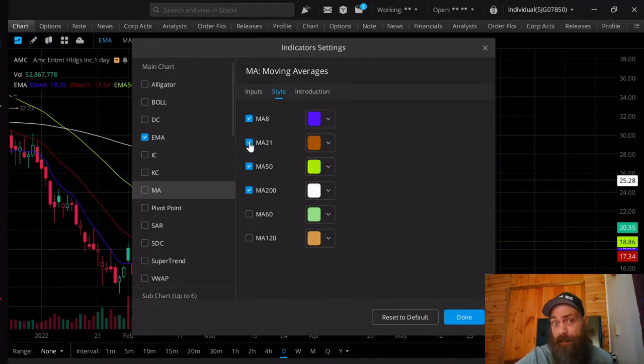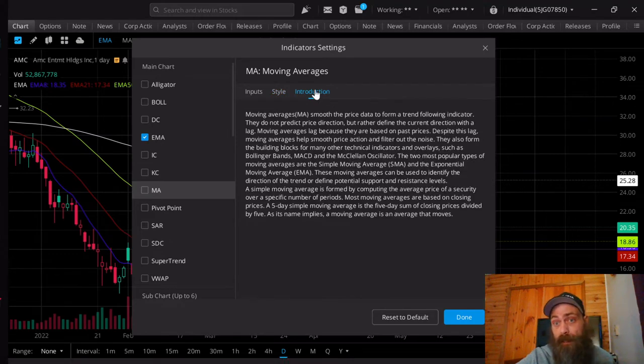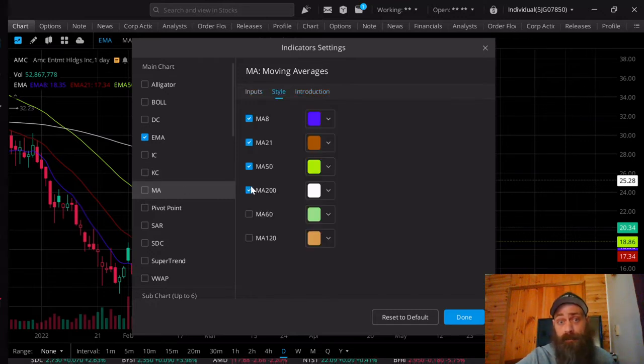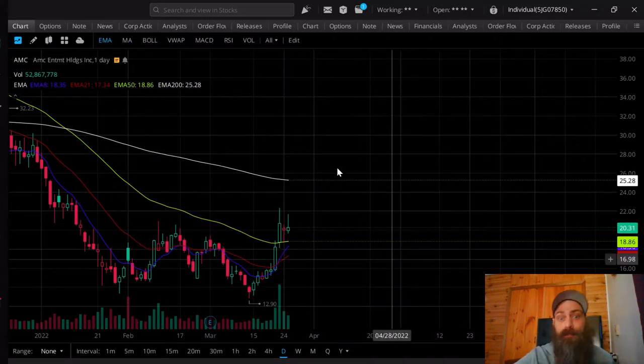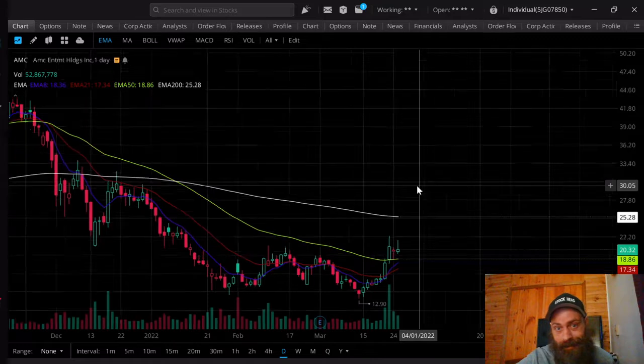Make sure you're clicking these because these won't be checked. So you want to click on these and check them so that it shows on your chart. And then if you want, you can go over here and read a little bit more about them if you want to try to understand them more, if I'm not explaining it well enough. So that's them. Same thing with the moving average. It'll be here. So it'll be the same thing. You'll just have to go in and put your settings in. And that's that.